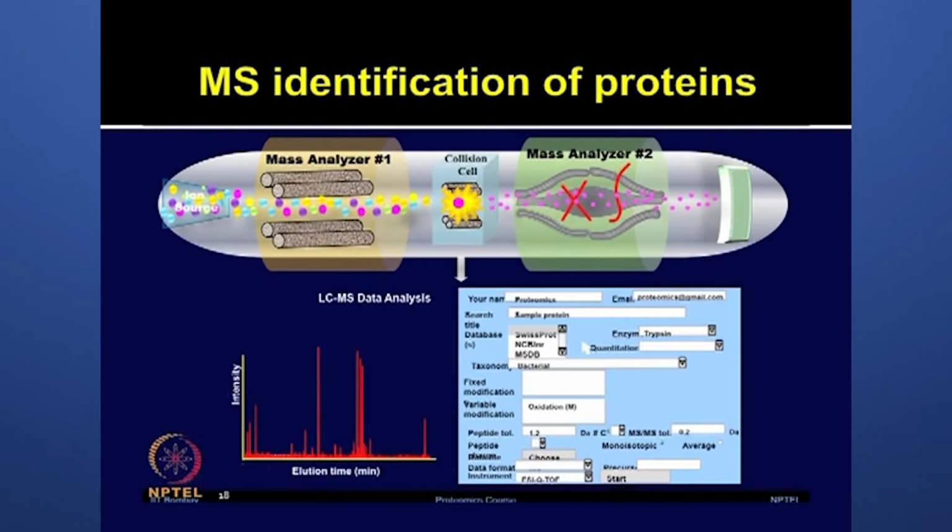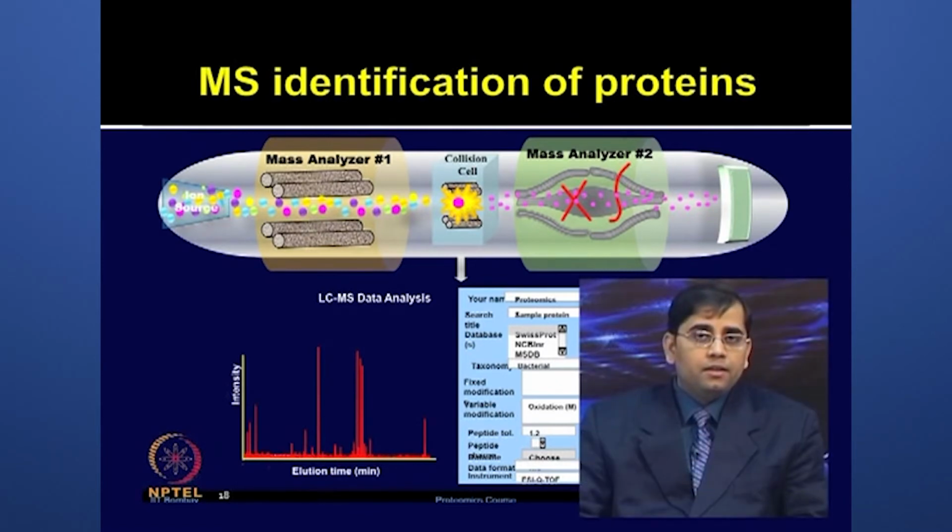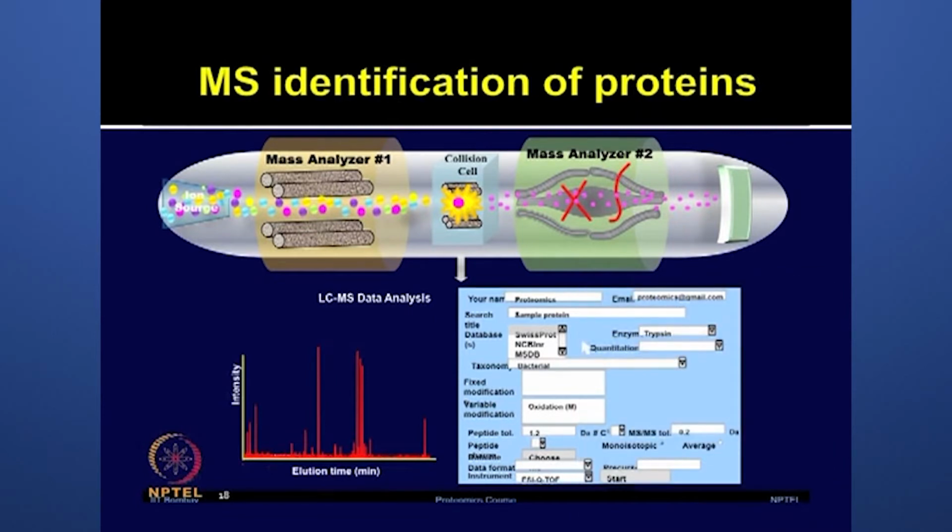Now, these 38 differentially and significantly expressed proteins were excised from the gels and subjected to MALDI-TOF mass spectrometry for analysis. Authors also employed a liquid chromatography tandem MS/MS system for analysis of these spots, and then the data was analyzed by using the Mascot search engine.